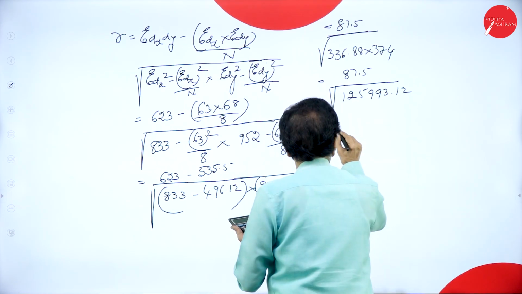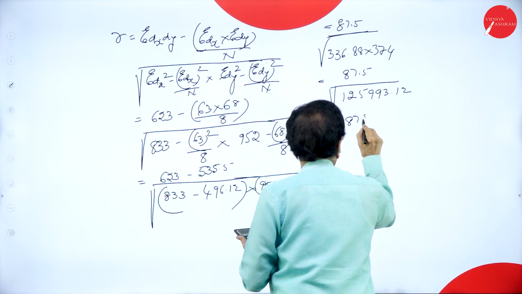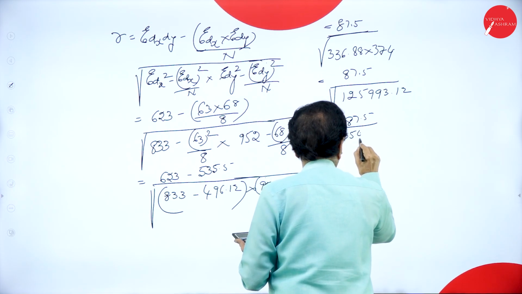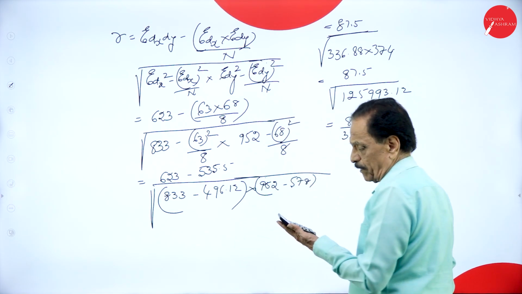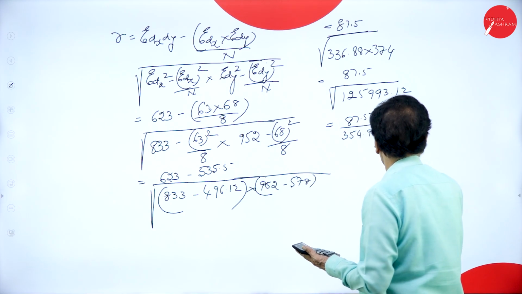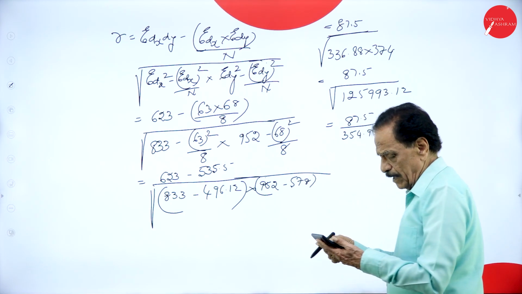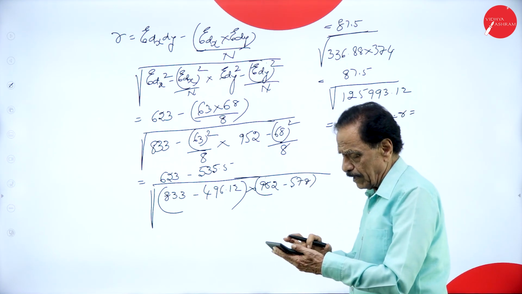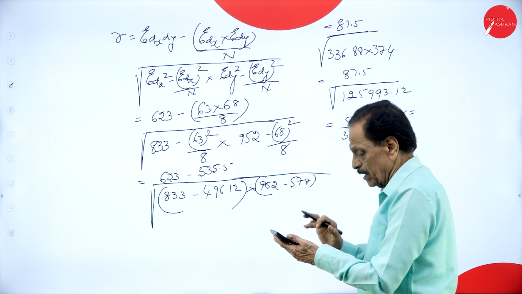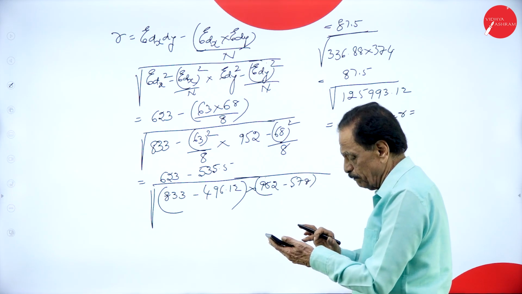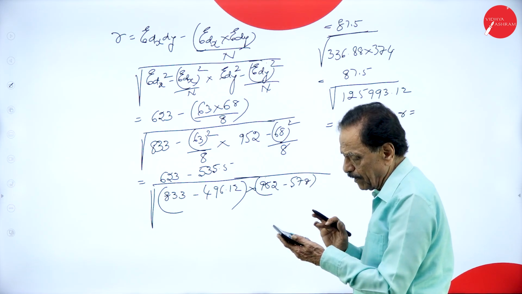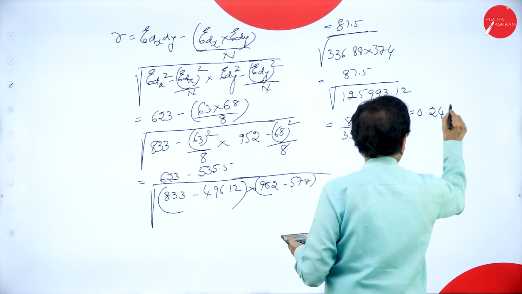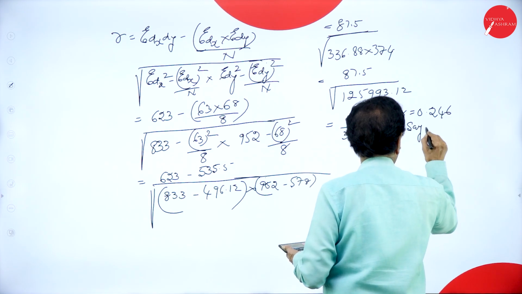Root of this is 354.95. So 87.5 divided by 354.95. If we divide this, r is equal to 87.5 divided by 354.95, 0.246. Say 25.